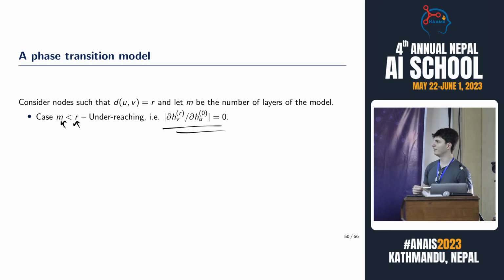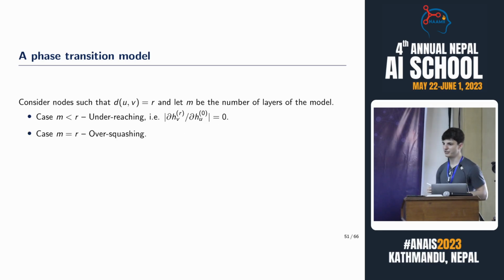but still look at long-range interactions over the graph. Here, we can develop a kind of phase transition model. When the number of layers is less than the distance, we're completely insensitive, which makes sense because the two nodes never get to communicate with each other. In message passing, you're exploring one neighborhood hop at a time. If you're not doing enough hops to reach that node, then you're completely insensitive.